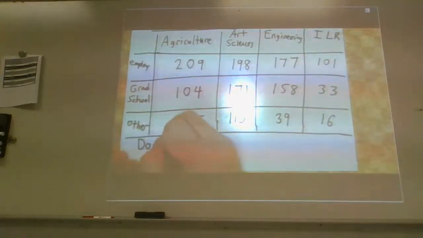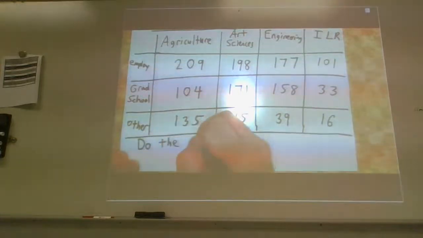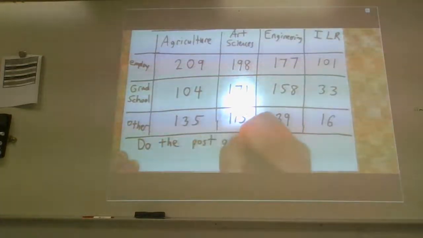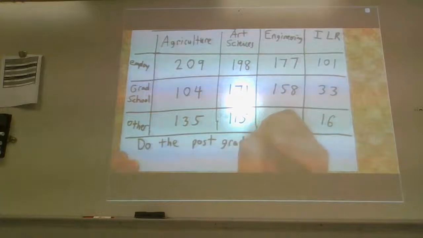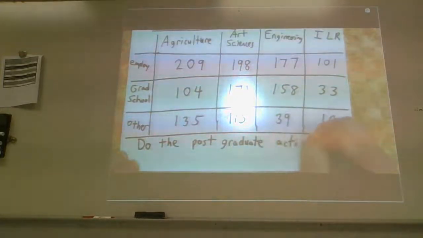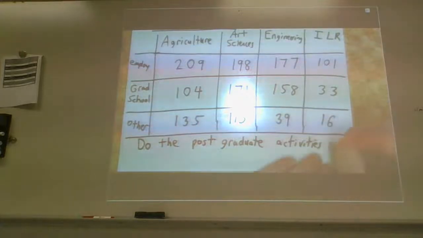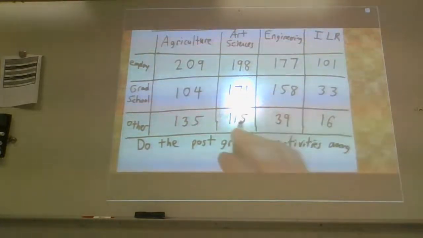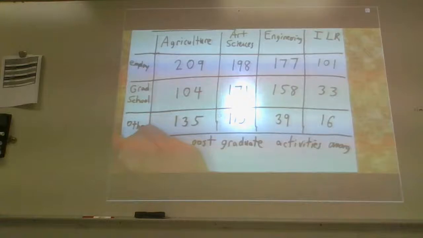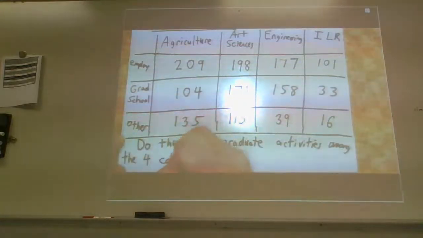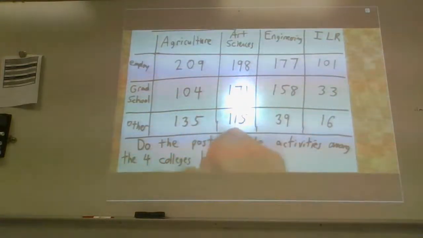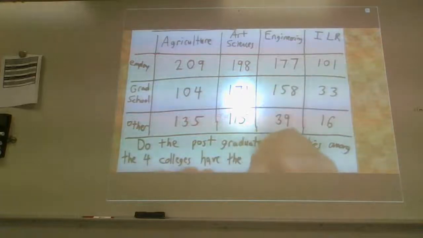Do the postgraduate activities among the 4 colleges have the same distribution?